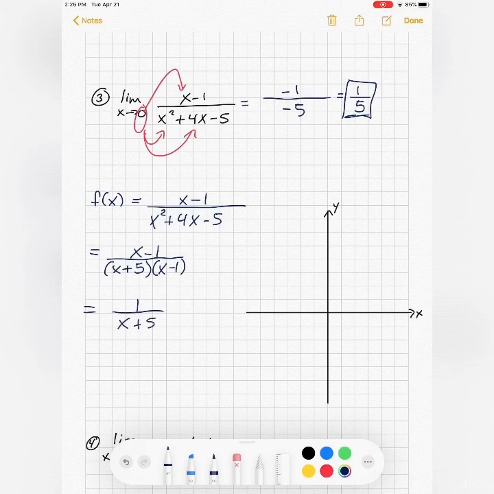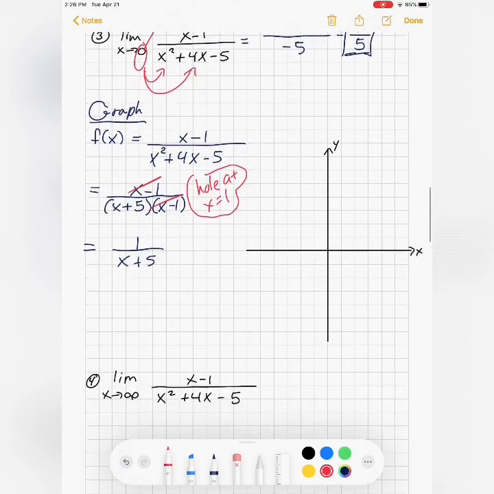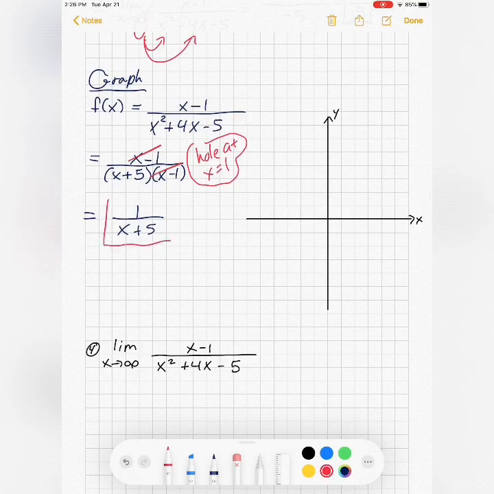Do you remember what happens when a factor cancels like that? Remember what that means? That means there's a hole at x equals 1. So that means we have to go back at the end and place that hole on the graph. But other than that, we're going to create our graph just by looking at the reduced fraction.